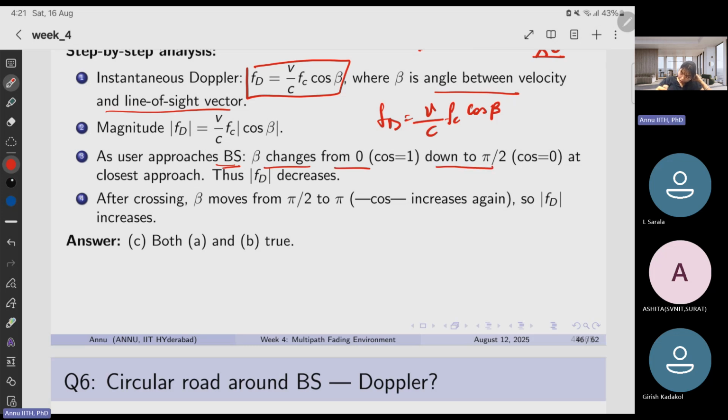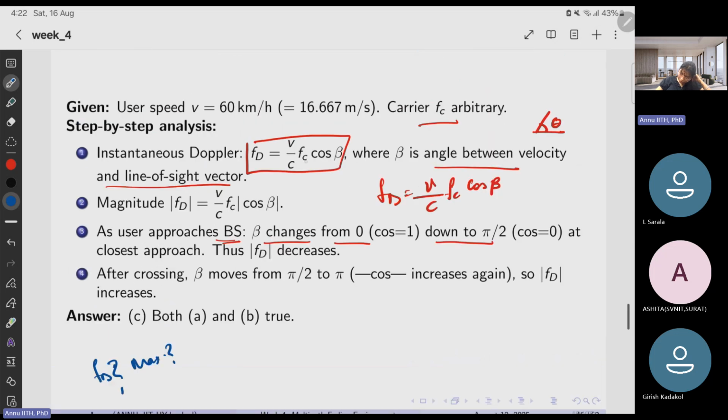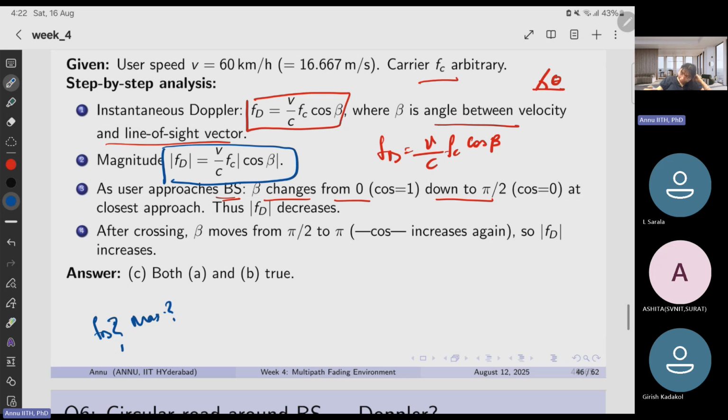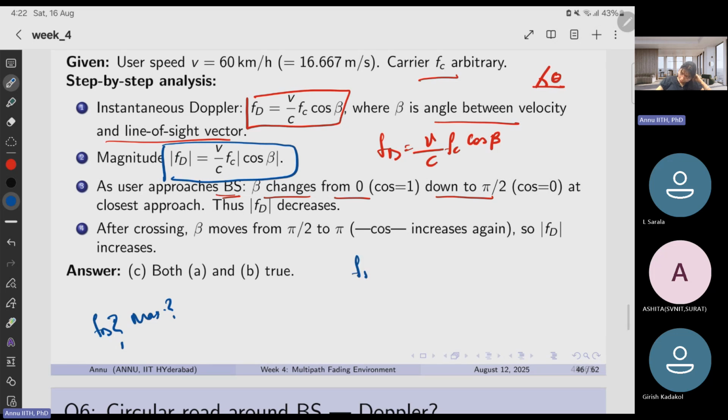If the user approaches the base station, beta changes from 0 to pi by 2. And my question is, when is FD maximum? This formula states that the Doppler frequency is maximum when beta is 0 or 180 degrees. So the user is either moving towards the base station or away from the base station, and it is maximum.